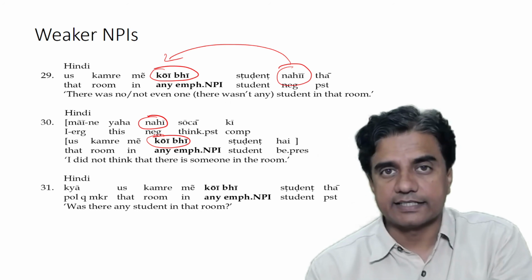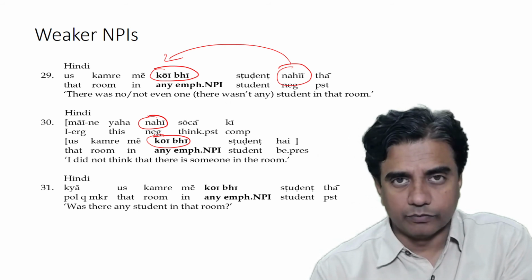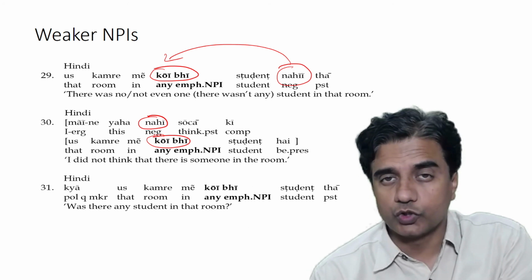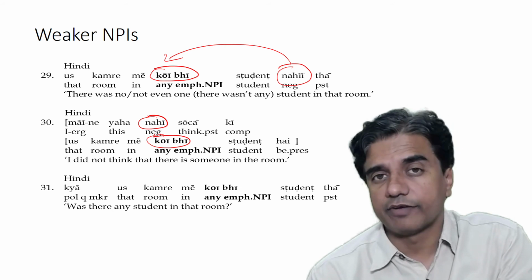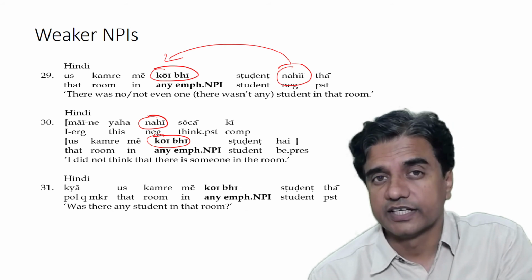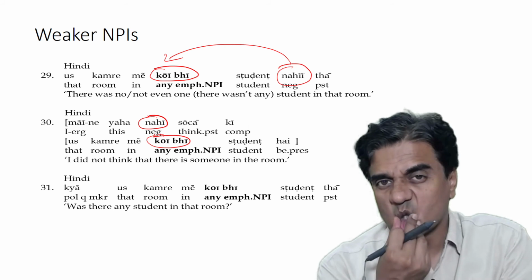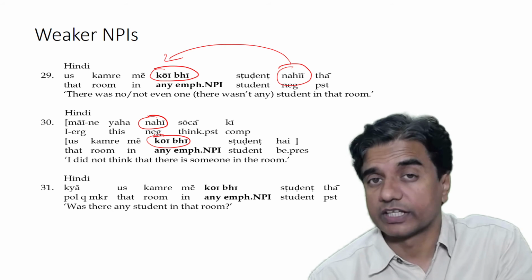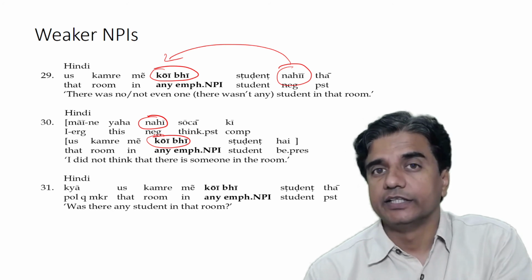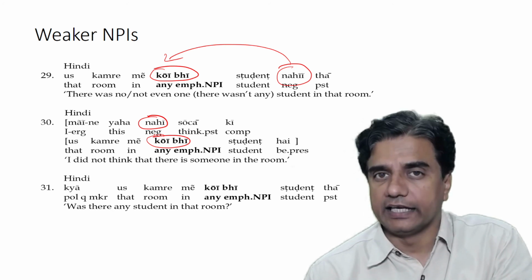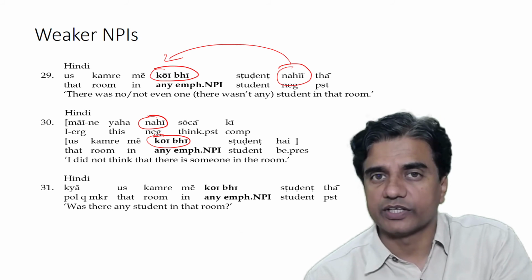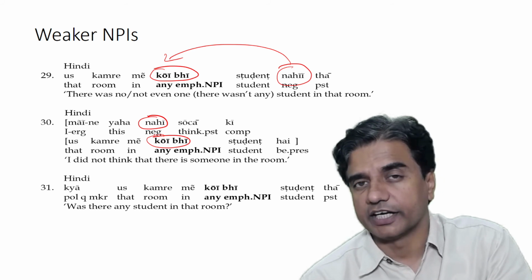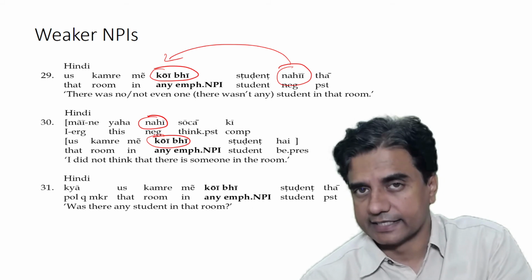This tells us that the restriction that we have seen in the strong type of NPI, that the NPI and the negative element must occur in the same clause, is not applicable in case of weaker NPIs. For the licensing of weaker NPIs, the domain is a little wider, and negation, being in a separate, higher clause, can still take negative polarity items in its scope and license them.